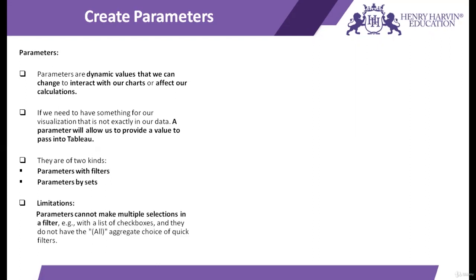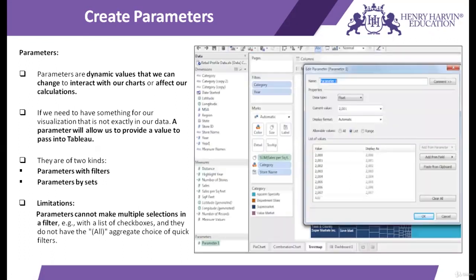Parameters can be used in multiple ways in our Tableau workbook. They can be used as filters, they can be used in sets, they can be used to make all the dimensions available as filters, and they can be used to make all the measures available in the data source as filters for filtering my visualization.